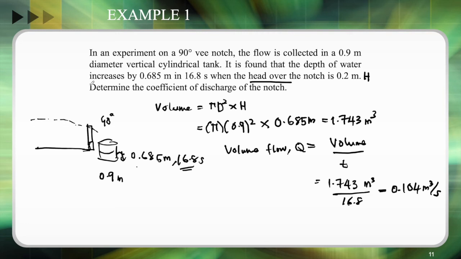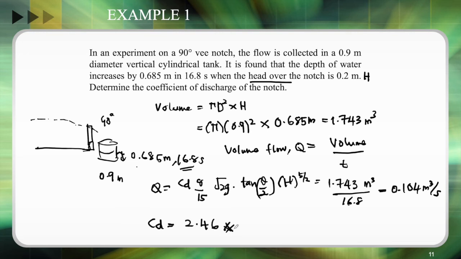Using the equation of the V notch, Q equals CD times 8/15 times √(2g) times tan(theta/2) times H^(5/2). Substitute all the values into this equation, rearrange it and find CD. From here, your CD is 2.46.